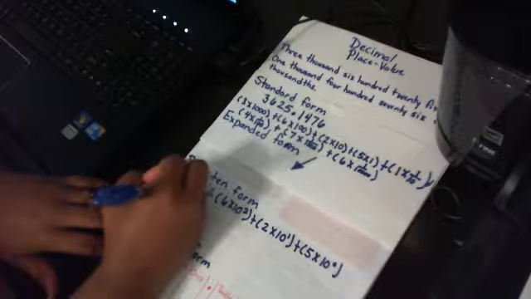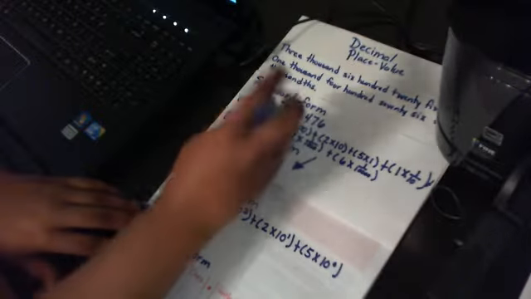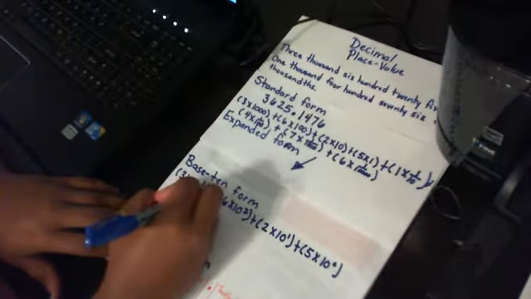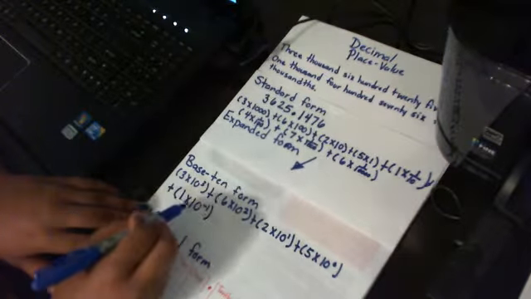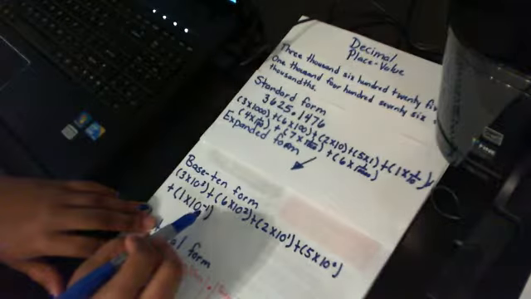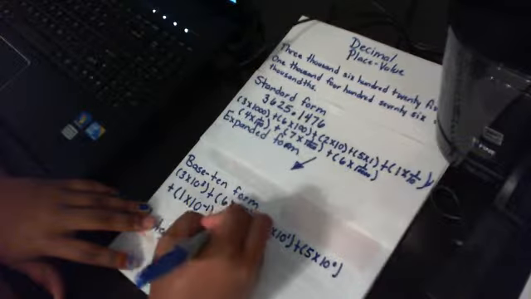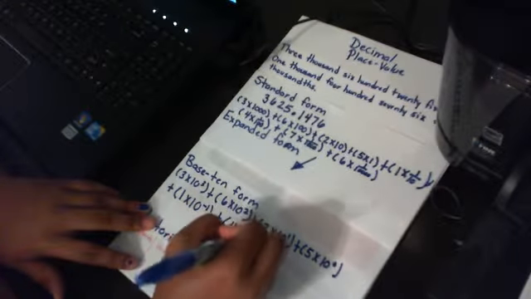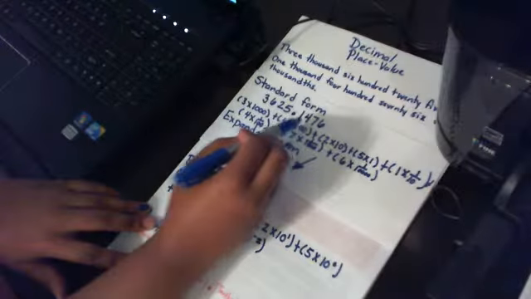So we get plus parentheses 1 comes from up here, times 10 to the negative 1. Because remember, it's the first number after the decimal. Plus 4 times 10 to the minus 2, second number after the decimal.